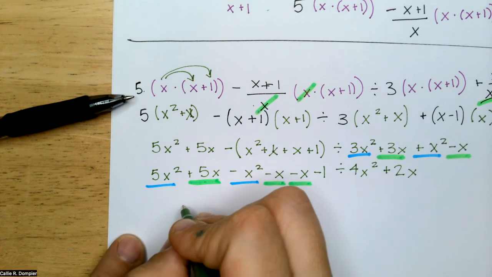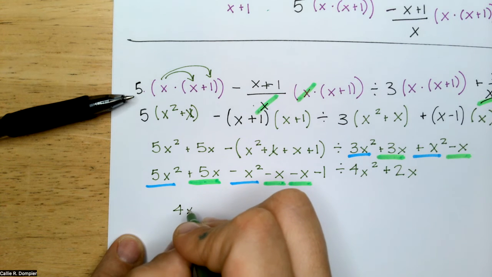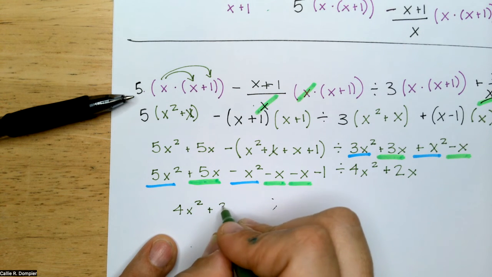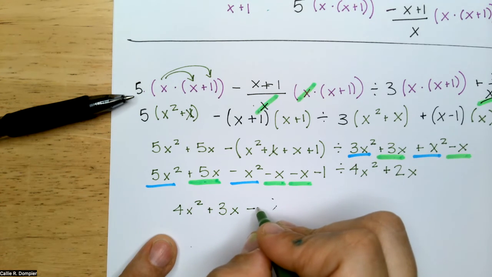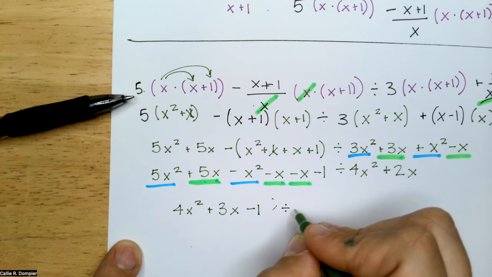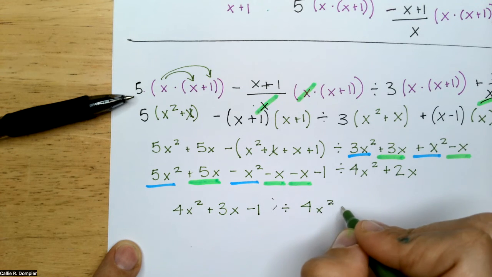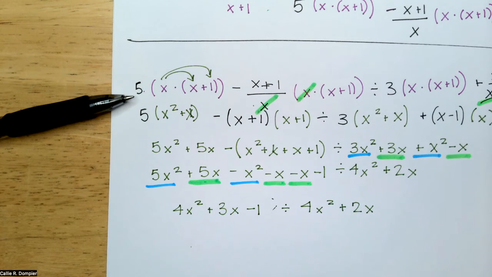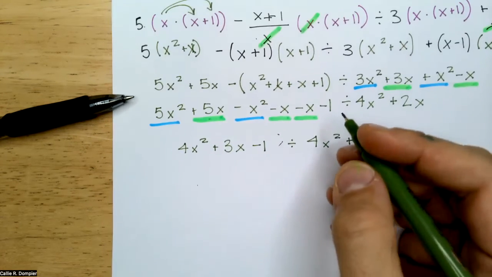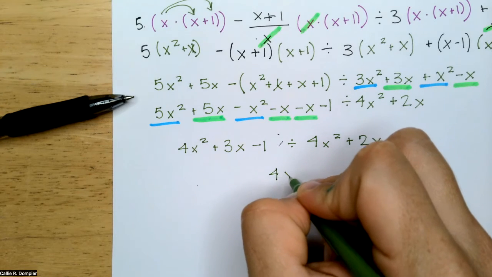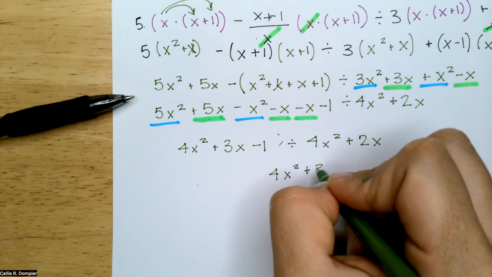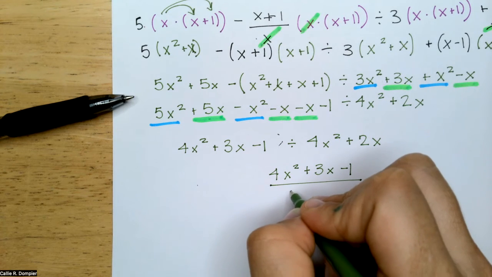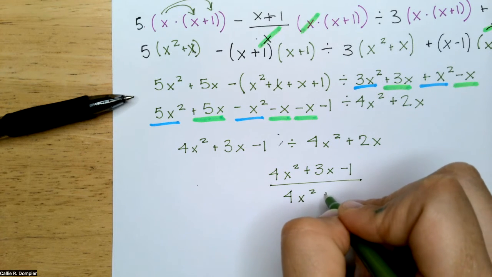So that is 4x squared plus 5 minus 1 is 4, minus 1 is 3x minus 1, divided by 4x squared plus 2x. So I'll write that vertically now: 4x squared plus 3x minus 1 over 4x squared plus 2x.